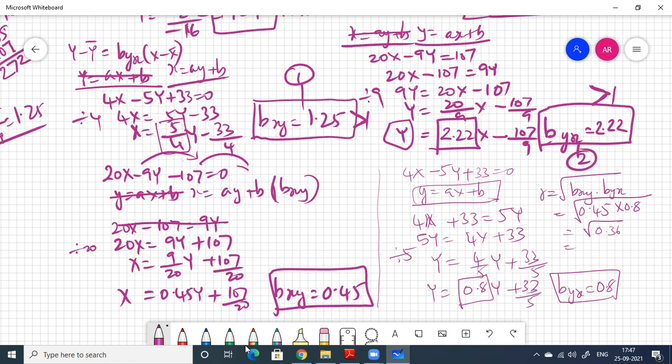So what is the value of root of 0.36? Root of 0.36 is equal to 0.6. So r is equal to 0.6. Okay, so that is how you should do. So this is very important.